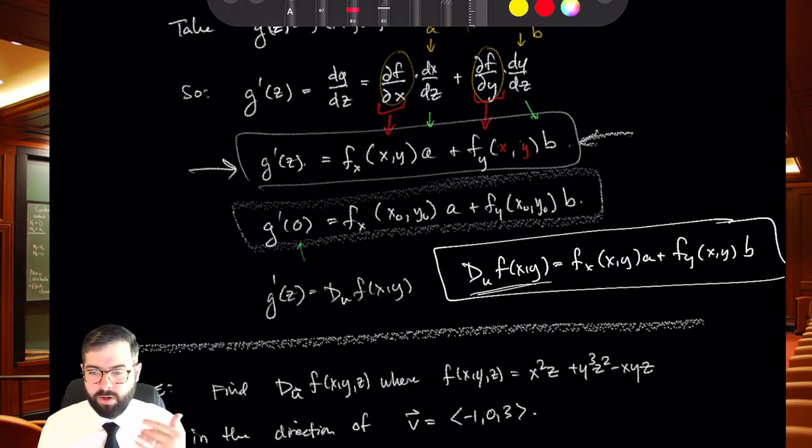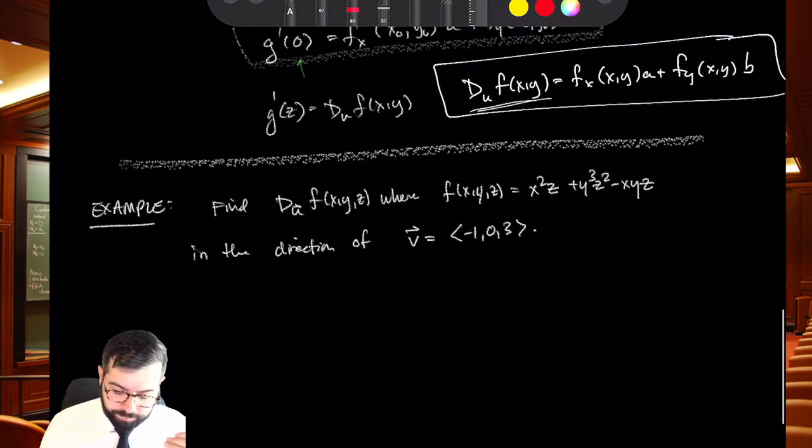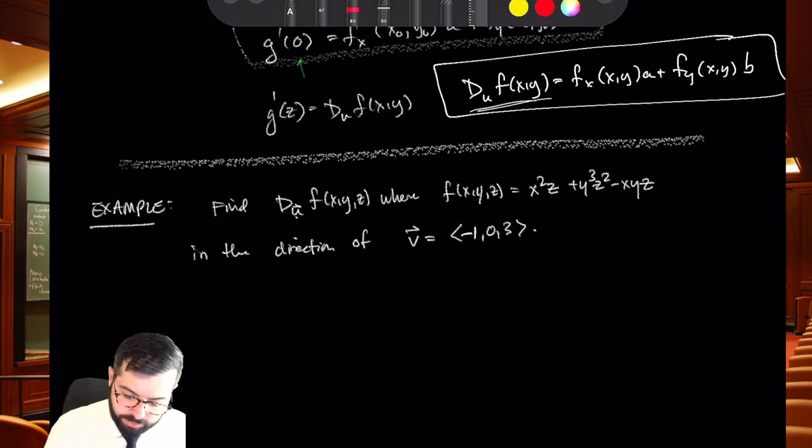This gives us the directional derivative. Okay. So, in the direction of u, but here v, negative 1, 0, 3, how is this thing changing?